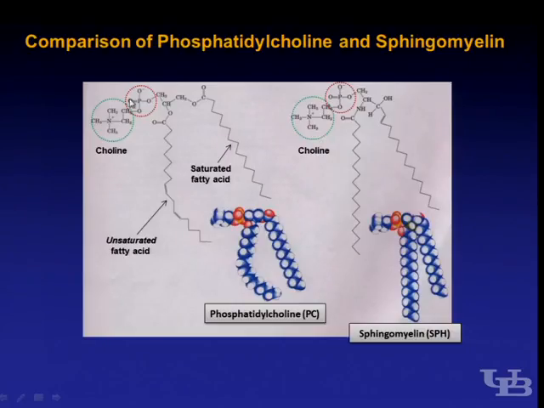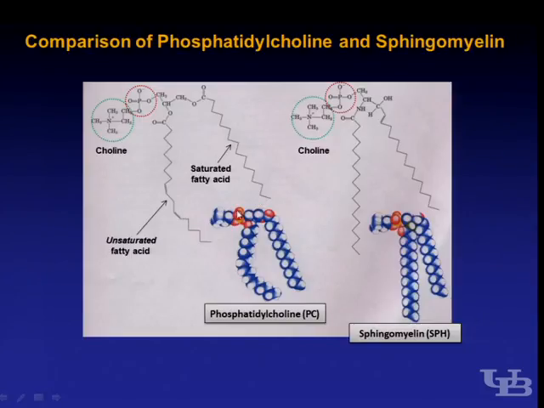They're both hooked up to the remainder of the molecule by a phosphodiester. Let's look at phosphatidylcholine. What is the backbone? Glycerol. So one of the carbons here has an ester link, here an ester link, here a phosphodiester link off those three hydroxyls. You've got two different fatty acids here.